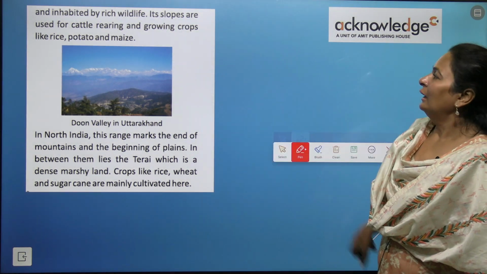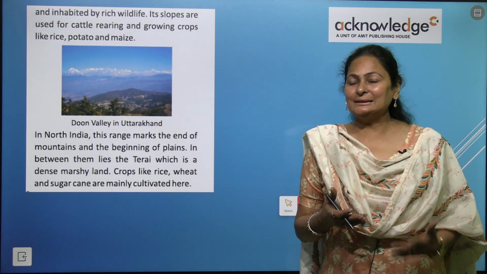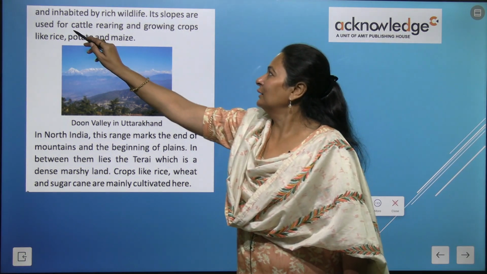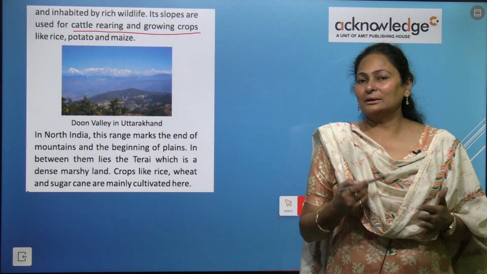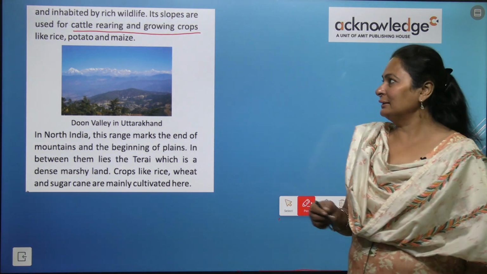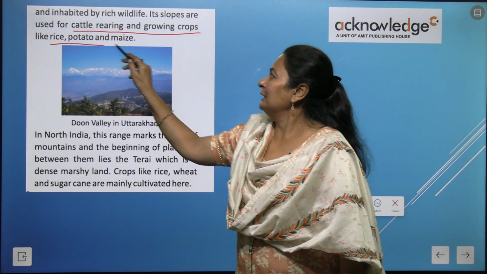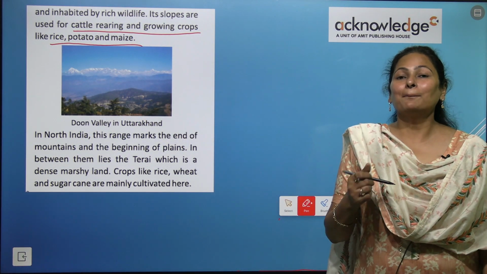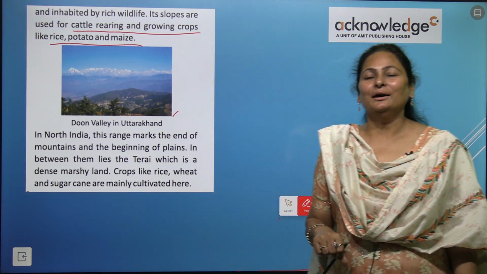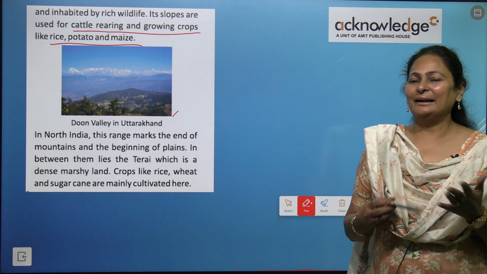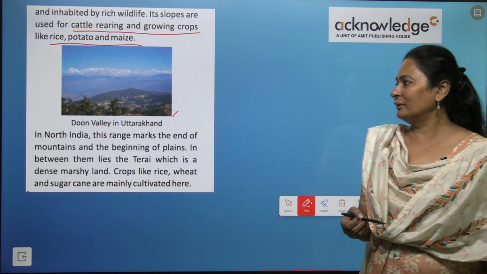Its slopes are used for cattle rearing and growing crops. What are the crops of this land? Rice, potato and maize. Very good. So this is Doon Valley in Uttarakhand.